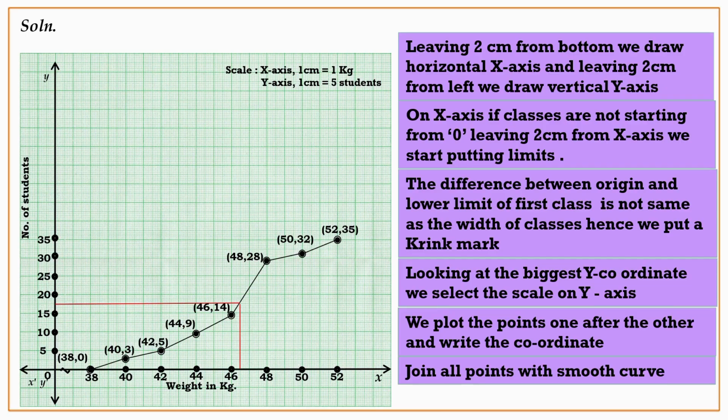Because you remember we are plotting the cumulative frequency on the y coordinate, and whatever is the last is going to be the total frequency. So here the total frequency n is 35. So we need to first find n by 2. So n by 2 is 35 by 2, that is 17.5. So we have to take a point between 15 to 20, that will be 17.5, the half of it, right? Within 15 to 20.